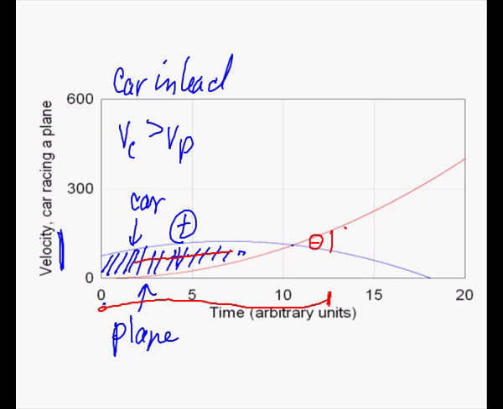Right? So you will not have the car and the plane at exactly the same location until you have the area over here. We'll call this blue area. Let this area be the positive area here, right here.